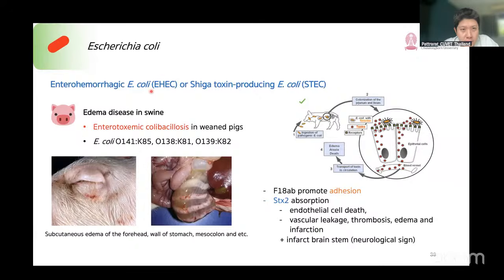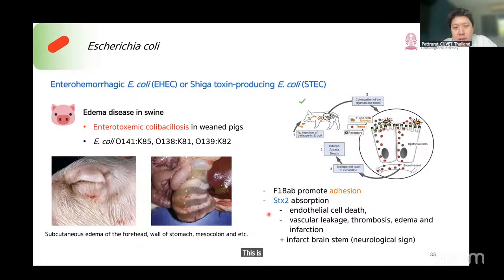For EHEC of veterinary importance, EHEC can cause edema disease in pigs. Some strains of E. coli have the STX2.